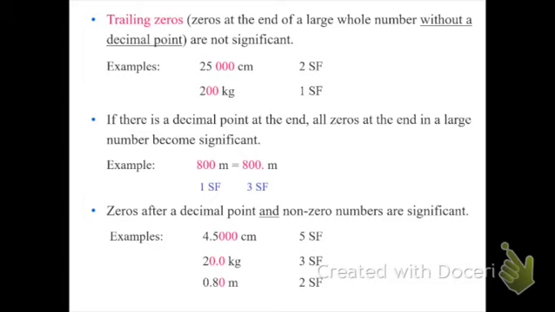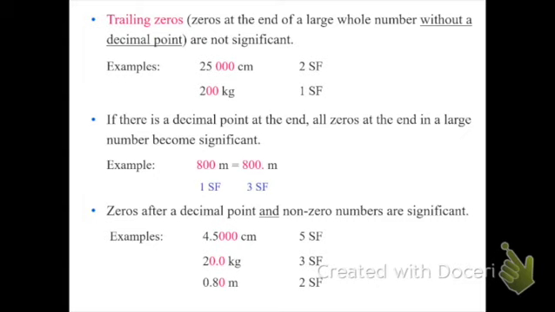So when you see a big number that has a lot of zeros, no decimal point, count the number of significant figures and stop at the last non-zero number. So like in 25,000, I would count 2, 5, and then I stop. Everything that comes after those zeros do not count.